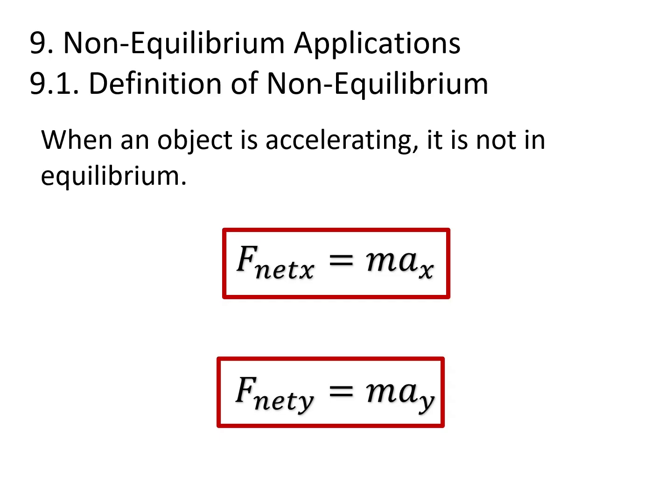If the object accelerates in a direction, then the net force in that direction must be non-zero. However, it is possible for an object to accelerate in one direction while still having zero acceleration in another direction. That is exactly what happens in the supertanker example.